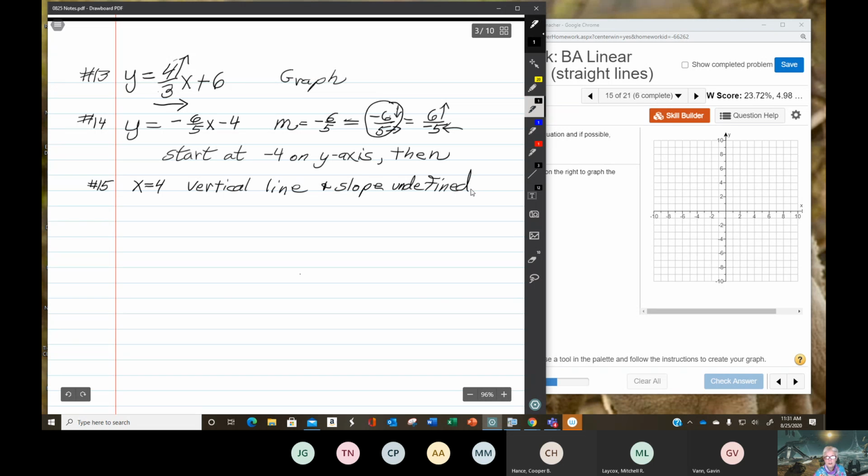Let's graph it and talk about why. Well, no, we need to find some points first, so let's make an X and Y chart. I'm being told x has to equal 4 here, and there is no y to force me to calculate a particular y.